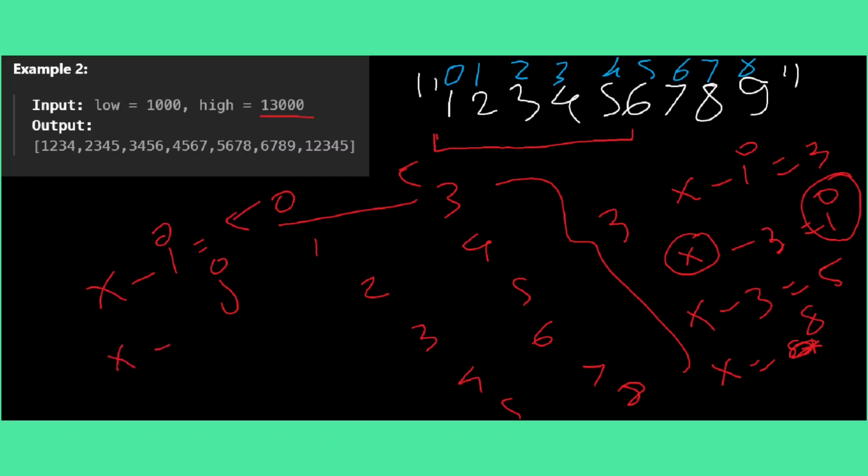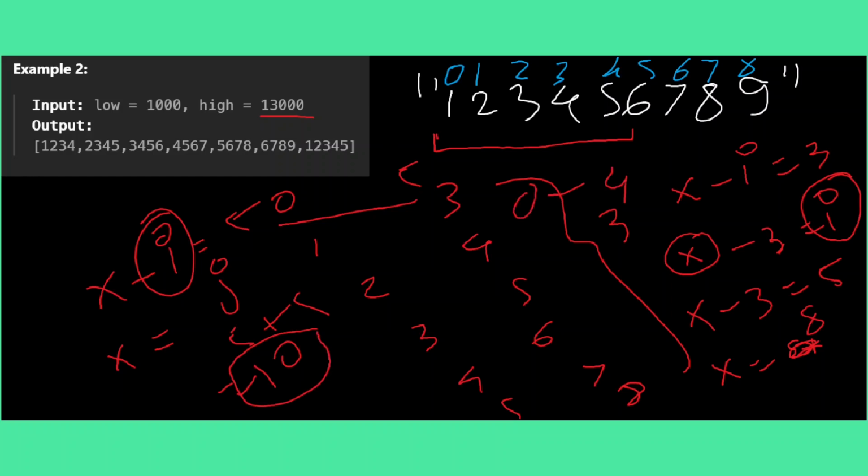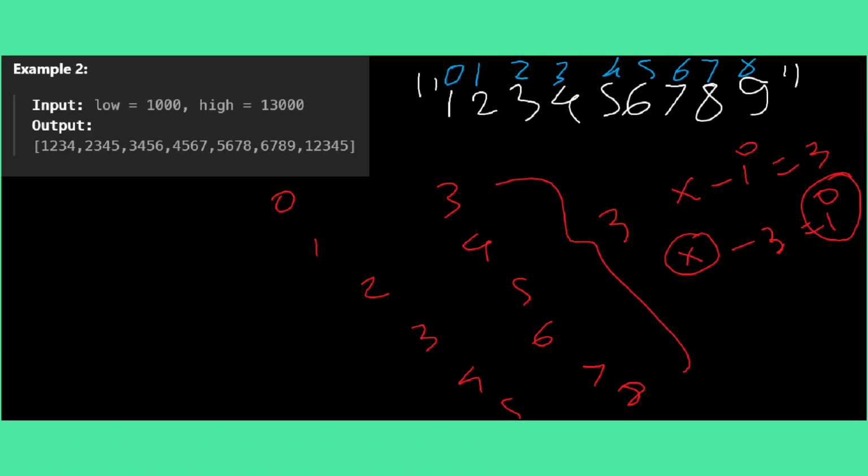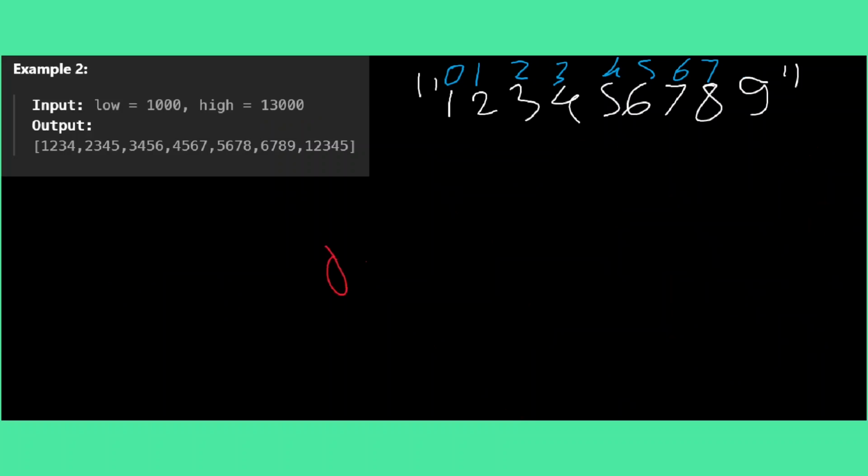So x would be 5, because 5 would be the maximum value. 5 plus 5 equals 10. Sorry, the difference would be 4. My bad, 0 to 4. So 5 plus 4 gives us 9. So x equals 9. Basically, we'll be working with 0 to 9. And that is fair because we have 9 digits with us.